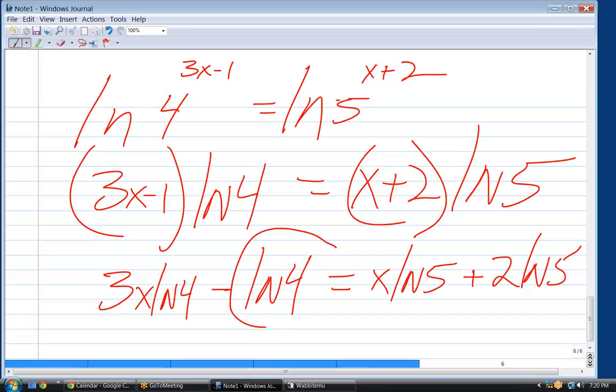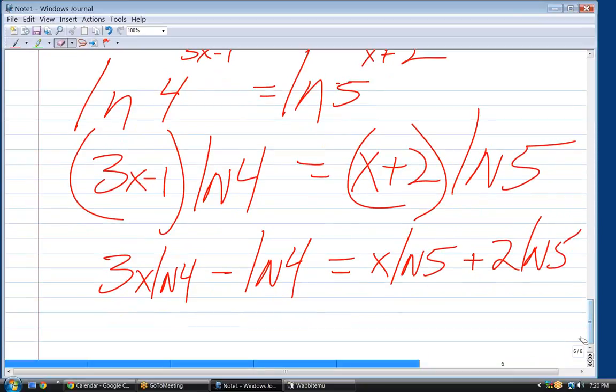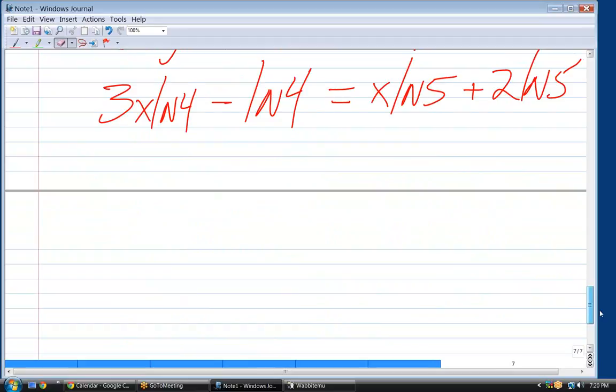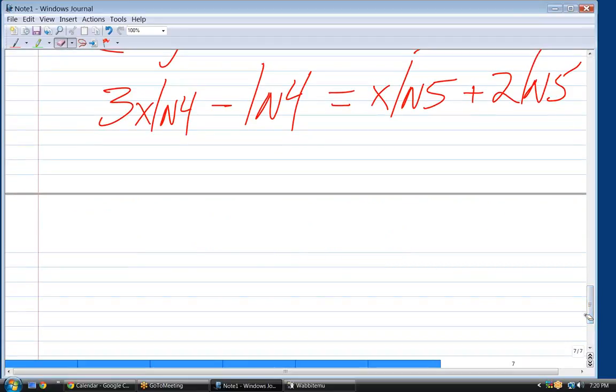Again, this is just a number, that's just a number, that's a number, and that's a number. So we now have an algebraic equation to solve, and the way to solve them is to gather all of our like terms together. So what's the next step in solving this algebra problem?